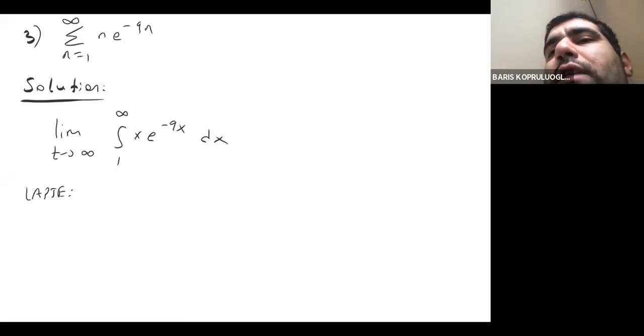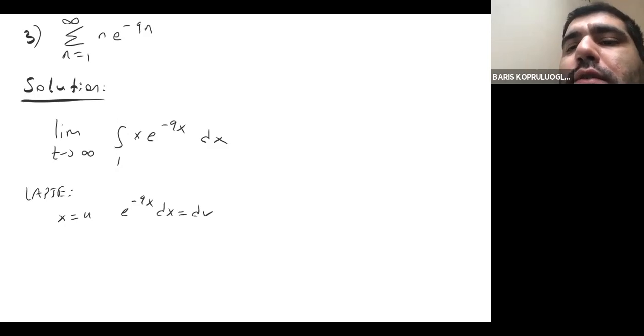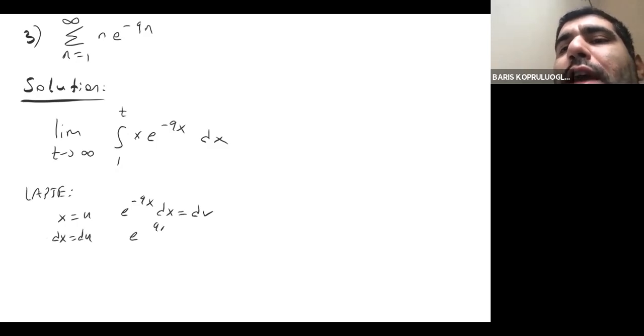So x is polynomial, e to the power of negative 9x is exponential. So I think we will have to call x u and e to the power of negative 9x dx dv. By the way, this is t. So dx is du, and e to the power of negative 9x over negative 9 is v.